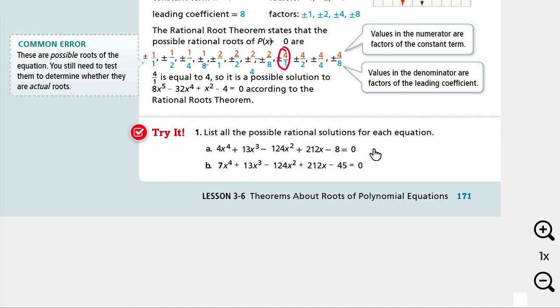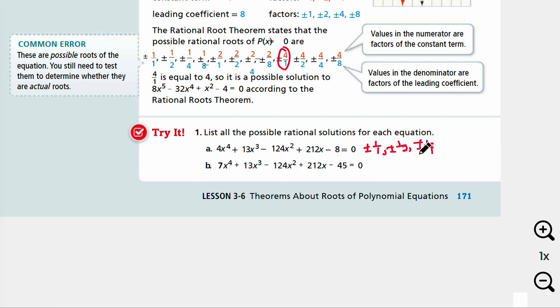So for part A, you will have plus or minus 1 over 1. Let's start from the smallest ones, right? The factors of 8 on top and the factors of 4 on the bottom. And then plus or minus 1 over 2, plus or minus 1 over 4, right?